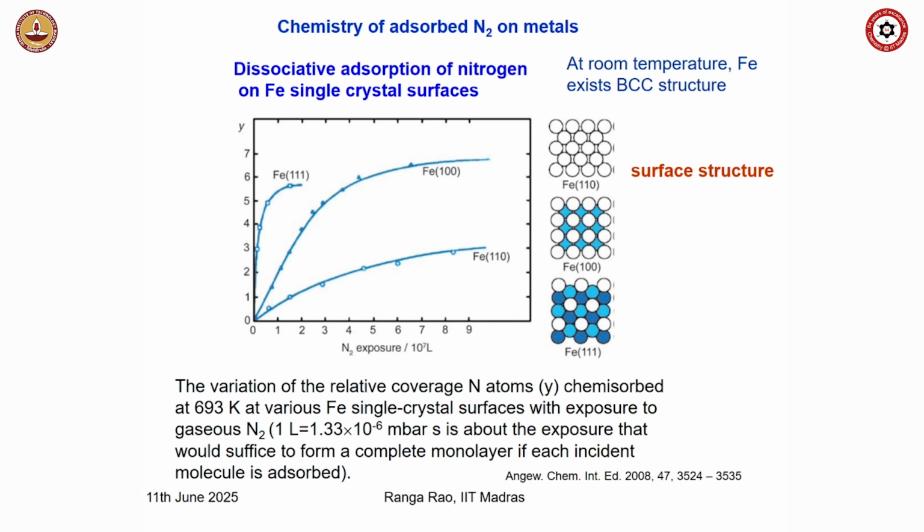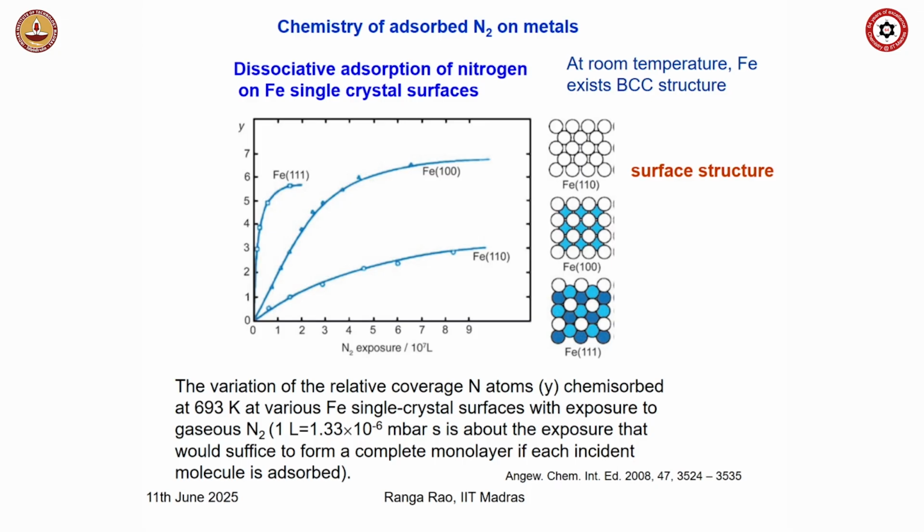What they have done, they took an iron single crystal with the 110 plane. You can grow the crystal and cut the crystal in the 110 plane, 111 plane and 100 plane. That is possible. Take that crystal, expose it to nitrogen under certain conditions.